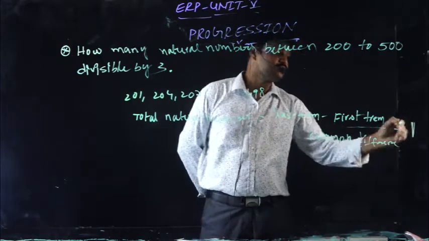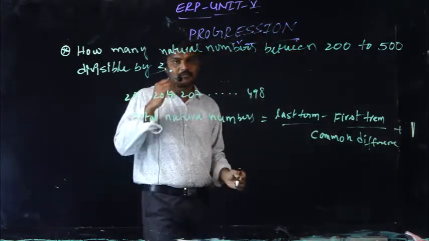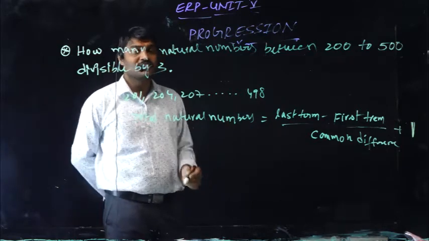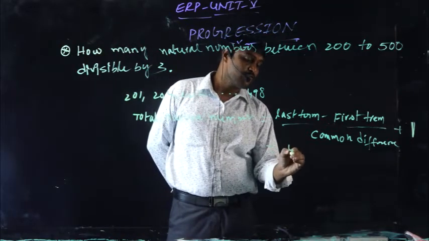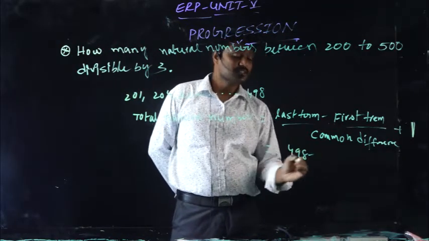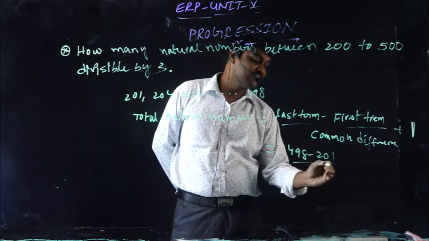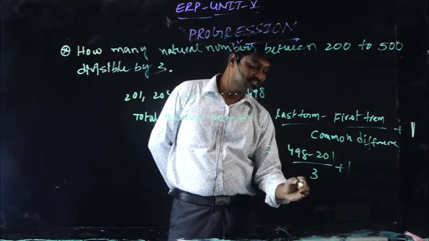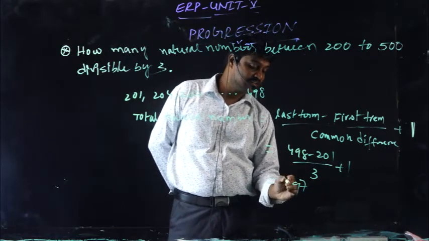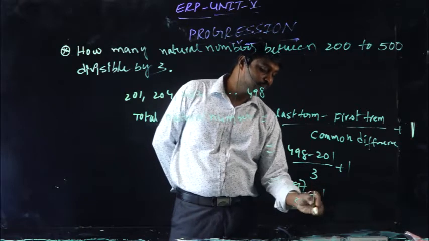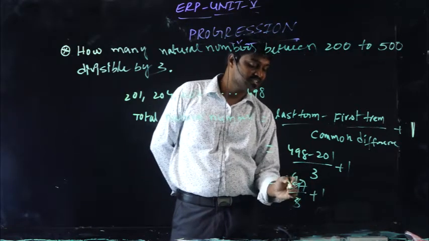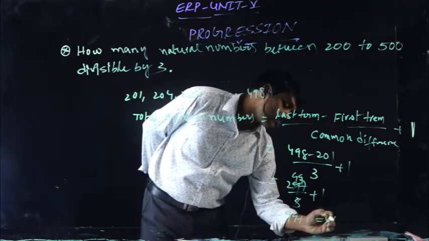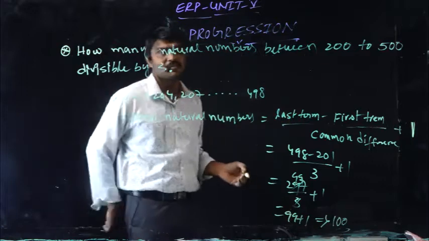If we want to find the total number divisible by 3 from 200 to 500, so here last term is 498 minus first term is 201, common difference is 3, so plus 1. That means 297 by 3 plus 1. 9 3s are 27. So here 99 plus 1 equal to 100. This is the most important question.